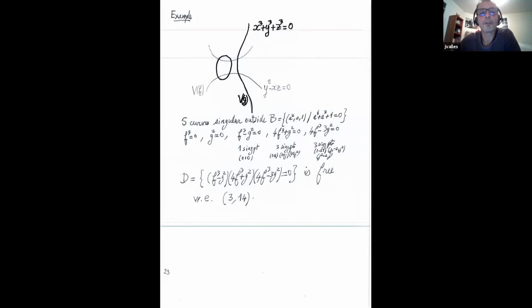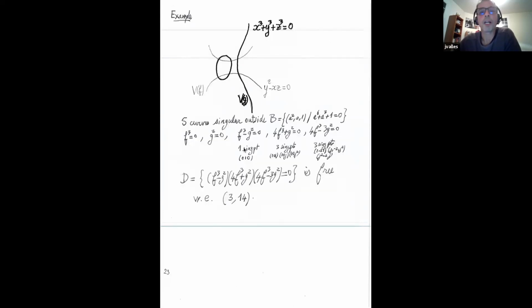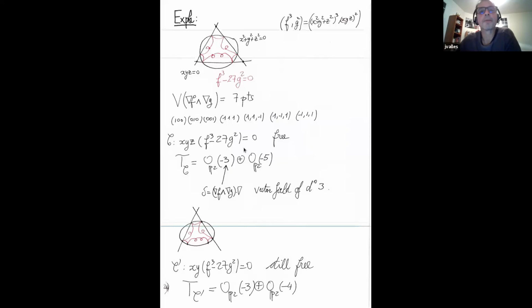And if you take the union of the three, not the multiple one, but the other one, the last 3 sextics here, then this union will be free and with the splitting expected. And we can find a better example, better in the sense that we will have fewer polynomials.